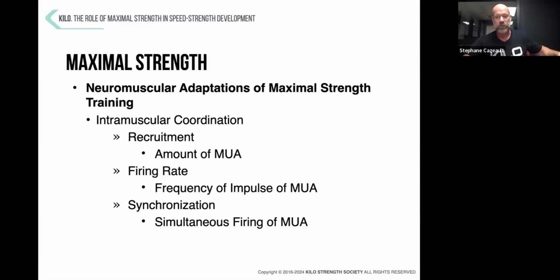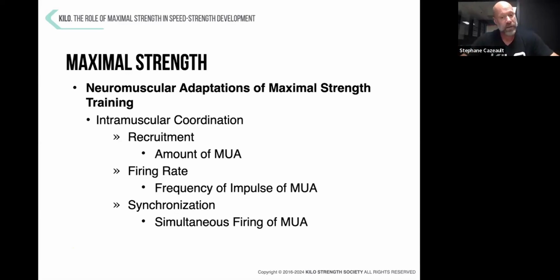Well, by doing maximal strength training, you can bring this up to, let's say, 70%, 75%, and then the elite, that 85 to 90% window. But you need to train that. And honestly, maximal strength training is probably the most straightforward way to train your ability to recruit more motor units.